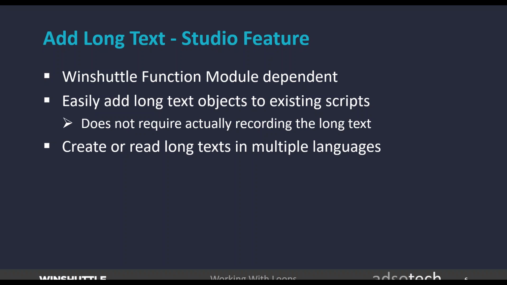It also includes controls to manage different language versions, so you don't even have to care about the languages when you are recording something. I'll show a demo of this shortly, so you can see how it works in practice. It makes it a lot easier, because you don't have to worry about the recording modes or how exactly to record the script, because you don't care about the long text during the recording when you are using this feature.